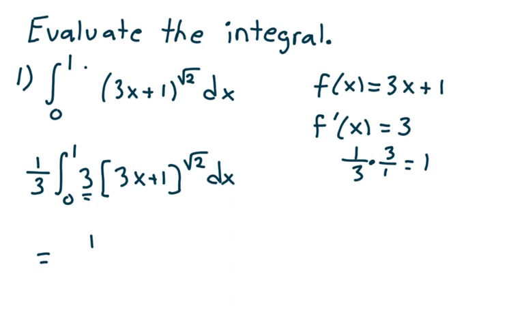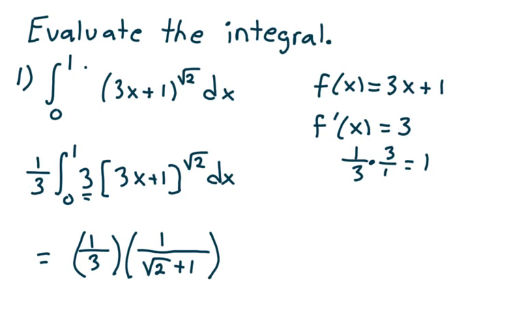And so here I'm going to get 1/3 times 1 over n plus 1, which in this case is square root of 2 plus 1, times 3x plus 1 to the square root of 2 plus 1, right? And we're going to evaluate this from 0 up to 1. Now, pop the 1 in.